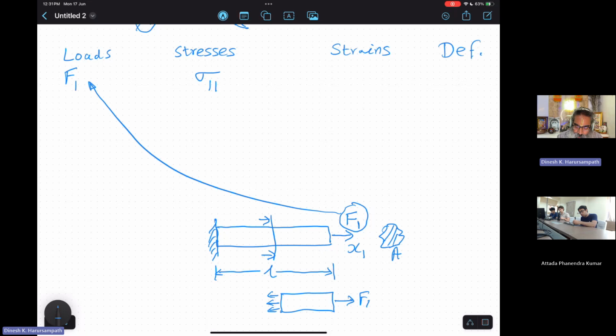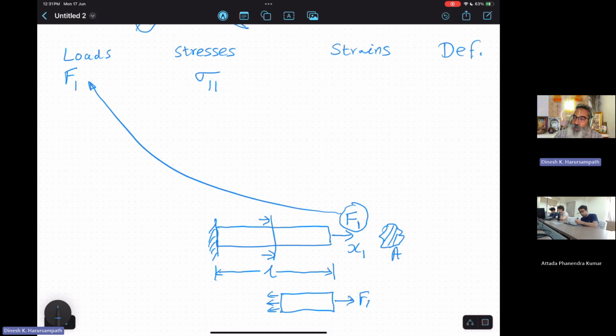Therefore, the first subscript is taken care of because it's perpendicular to x1. The second subscript is the direction of the stress itself, which has to be opposite to your F1. So it's also parallel to the x1 axis, and therefore that is 1. That's why you have sigma 1,1 over there.